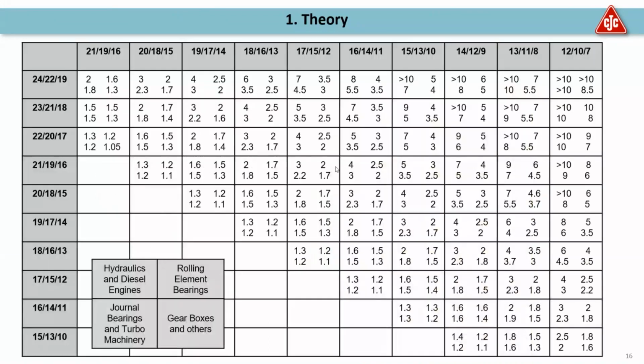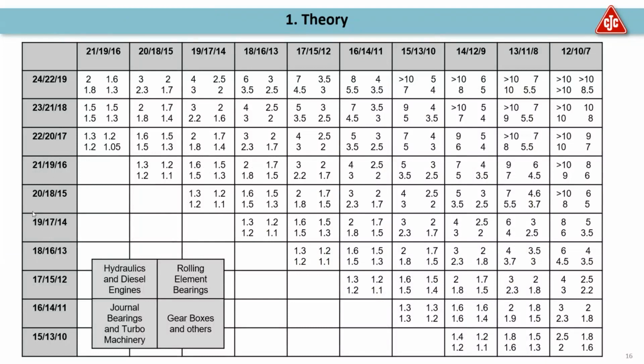Now looking at life extension, this table here was provided by Noria. Those are industry data from experience. The left-hand column here is the oil sample that you may have just taken.